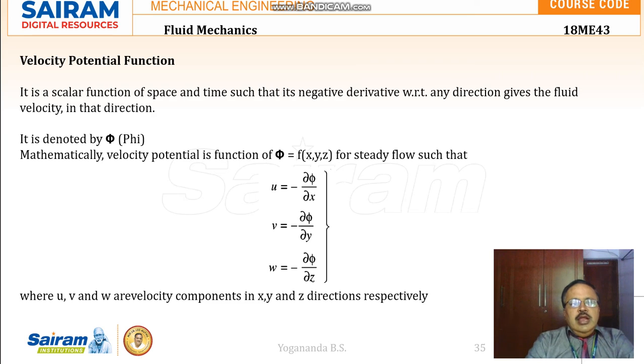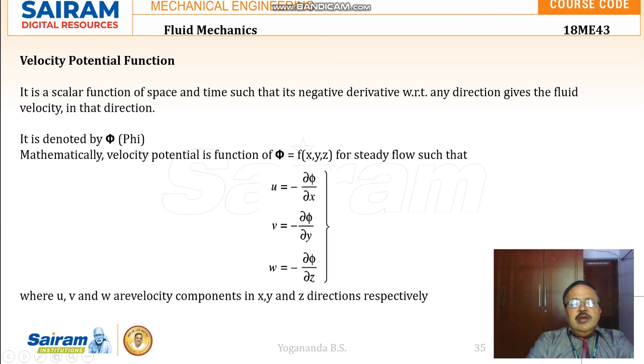Now, the velocity potential function. The velocity potential function is a scalar function of space and time. Here we are considering the space coordinates x, y and z, and the velocity potential function is denoted by the symbol phi.